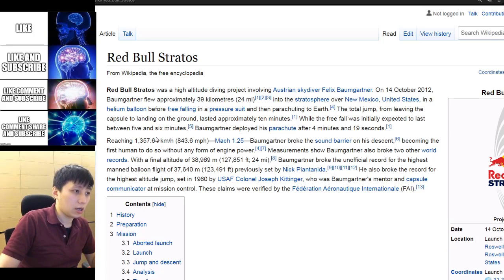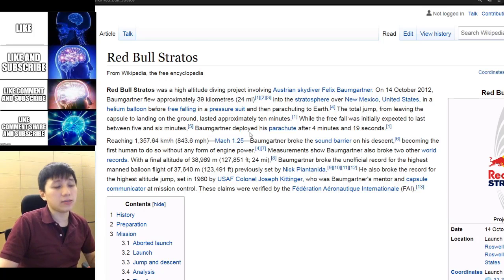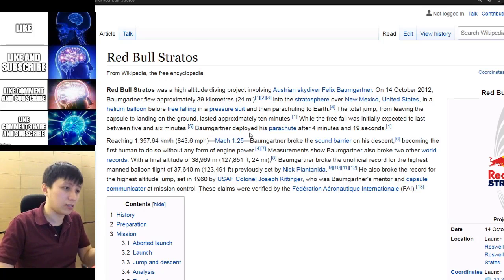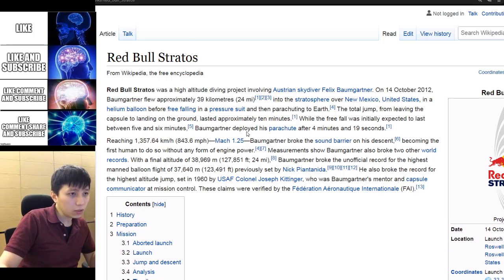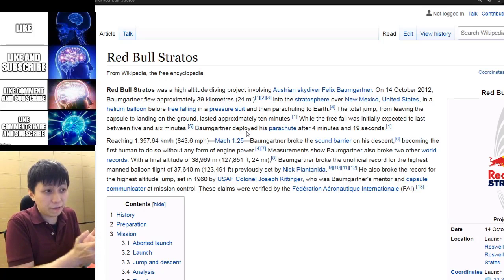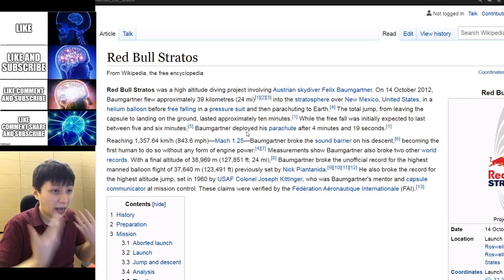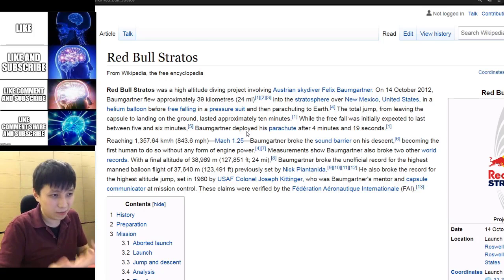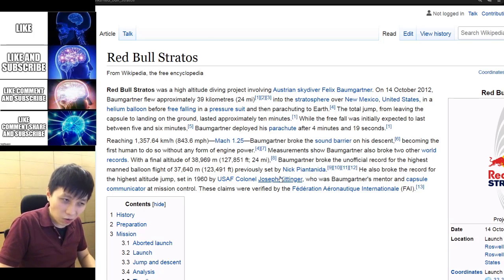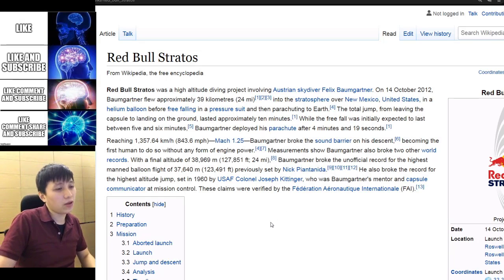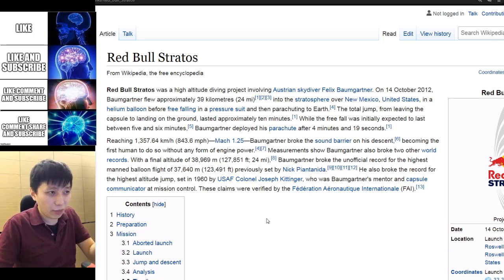So you can see here, it reached 1,357 km per hour, which is Mach 1.25. Mach number means the ratio to the speed of sound. So this is basically 1.25 times the speed of sound. And so that person physically experienced the sound barrier and simply broke the speed of sound, which is an enormous achievement for sure. But then anyway, it's still 39 km.